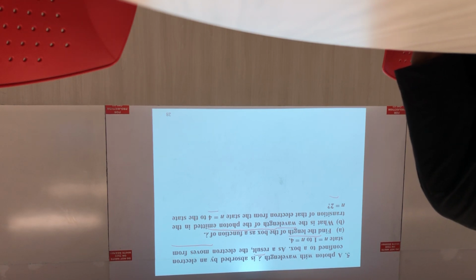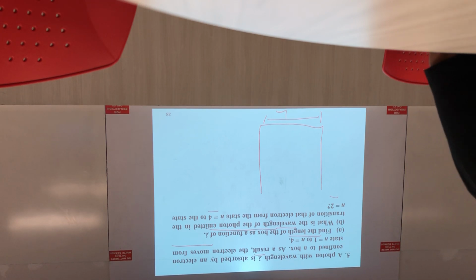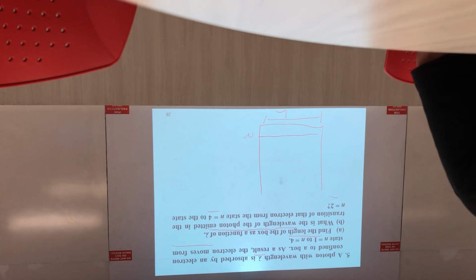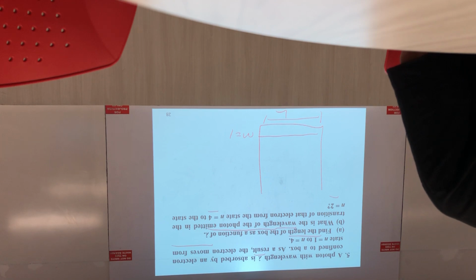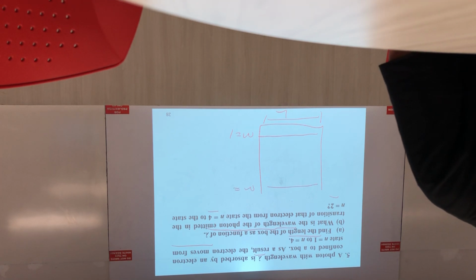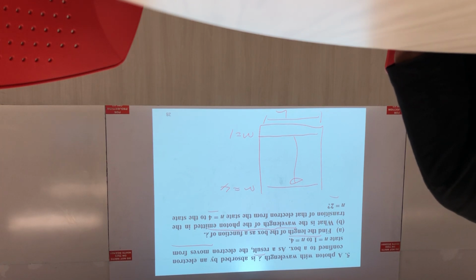So now here we consider a particle in a box with length L, and the particle was initially in state number 1, and then it jumped to state number 4. And then we want to find the relation between the box length and the wavelength of the photon.